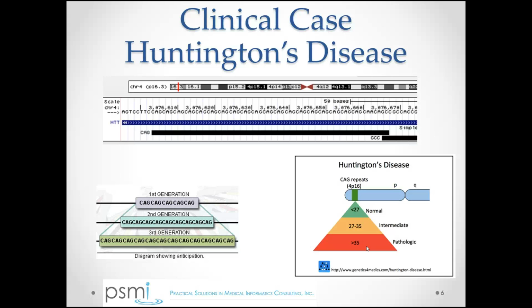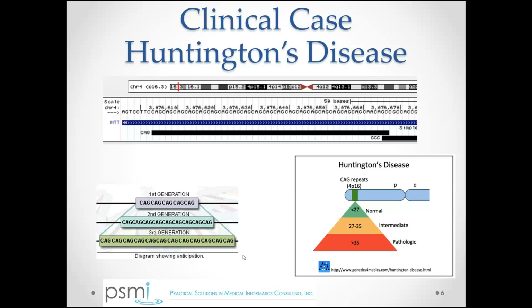What's happening is these CAG repeats are unstable, and the presence of this high number of CAG repeats predisposes to even more of these CAG repeats in successive generations. That is the basis for anticipation. The grandparent has, say, 42 CAG repeats, but then their offspring might have 50 CAG repeats, and then their offspring might have yet additional CAG repeats.